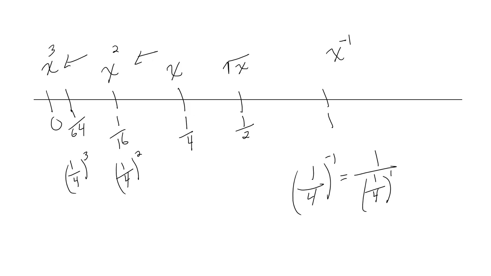And that is what? What is the reciprocal of 1/4? It is 4. So not drawn to scale here, but x to the -1 would be 4. So the answer to the question, the median, is x.